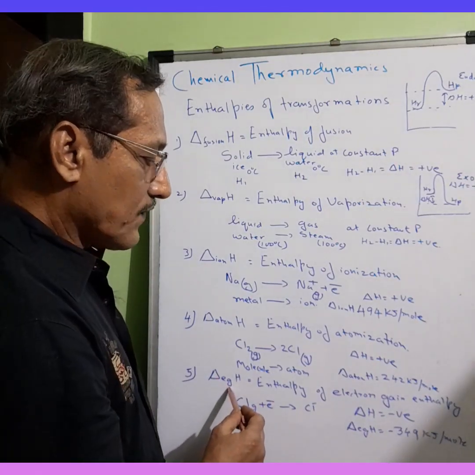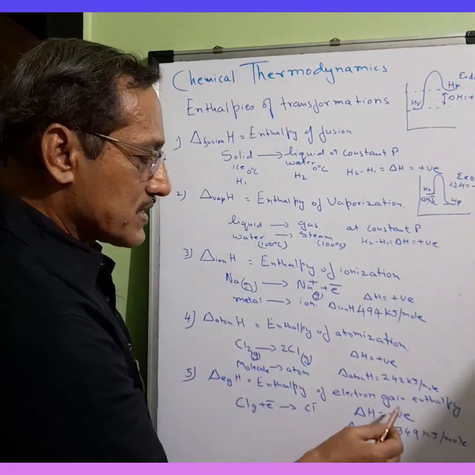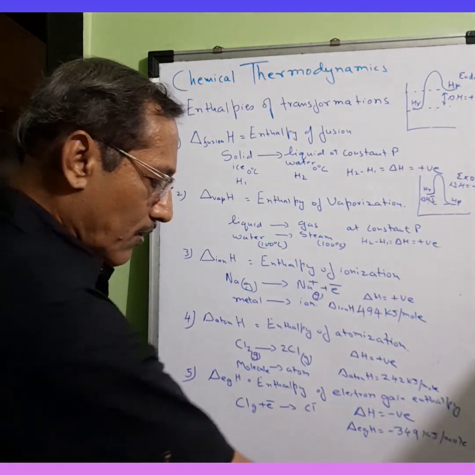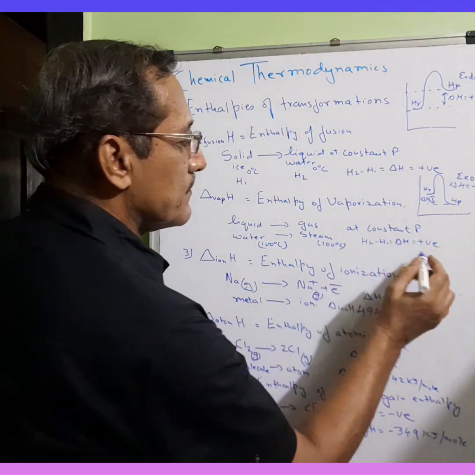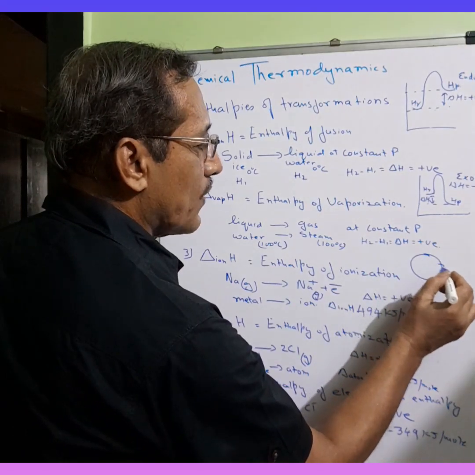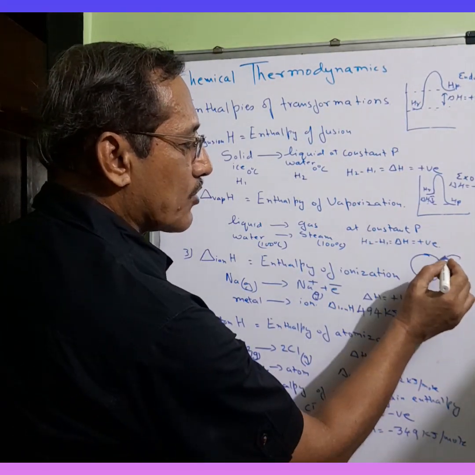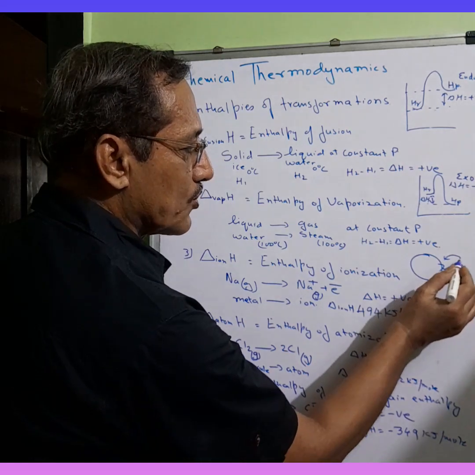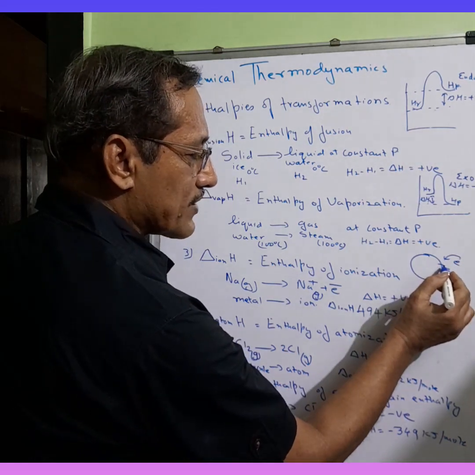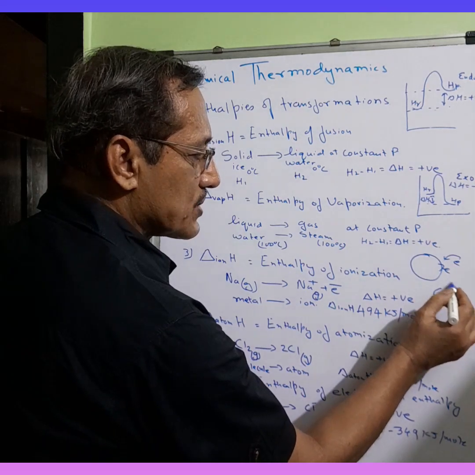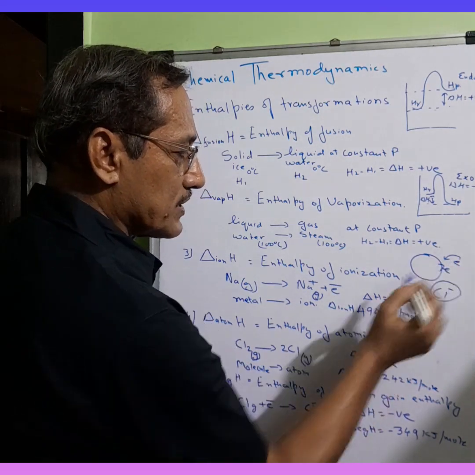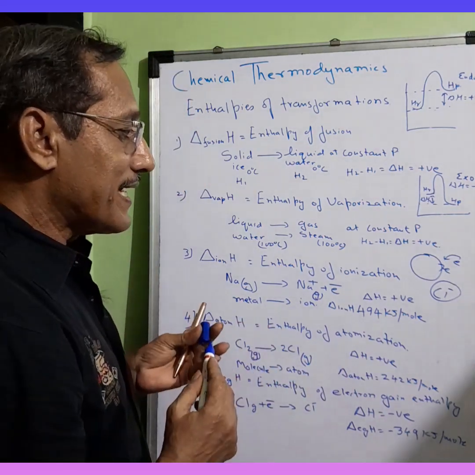Again, in case of electron gain enthalpy, it is negative, because if we try and understand chlorine, chlorine already has 7 electrons in its valence shell. So in order to accommodate one more, there is lots of inter-electronic repulsion. So in order to accommodate one more electron to get into chloride state, it has to shed some energy, and that is what is called electron gain enthalpy.